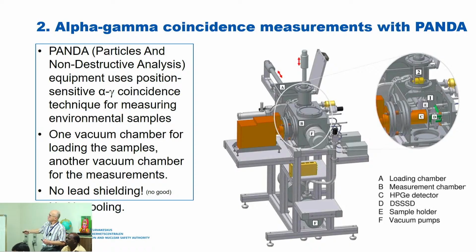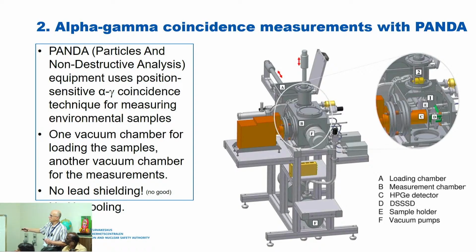So, there is one so-called vacuum chamber for loading the samples. It is in fact shown here. You cannot see the sample, but it goes this way into this vacuum chamber. And there is another vacuum chamber for the measurement, this one. In this case, there is no lead shielding. Why? All right, you will see it. Which is in fact not a very good thing in practice. There is no nitrogen cooling, it's an electrically cooled system, this one.